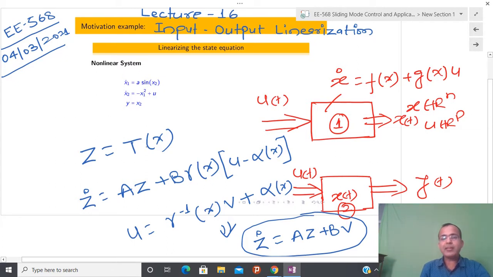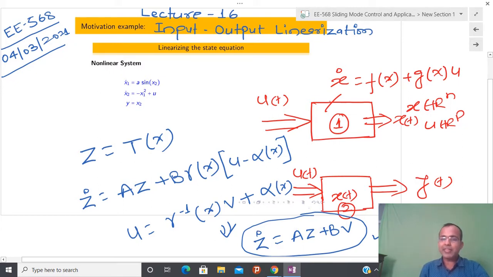And then if we are lucky enough, it is possible to show that I will get this kind of linear system, and in this whole design I am assuming that A and B are controllable. Otherwise I cannot design v such that I am able to push z to 0, and for that reason I have to make sure that A and B are controllable.